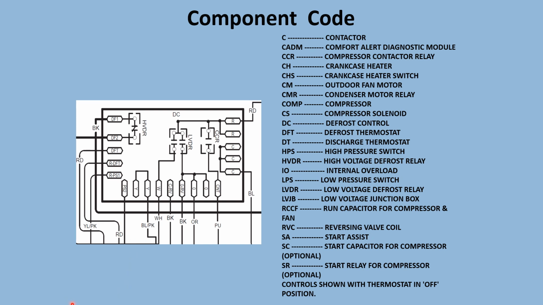We have component codes here, and again you see these components here. That one is the CCR, compressor contactor relay. Then we have the HVDR, high voltage defrost relay, and the LVDR, which is the low voltage defrost relay.